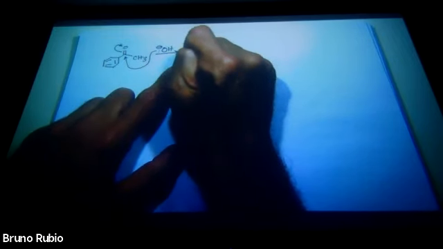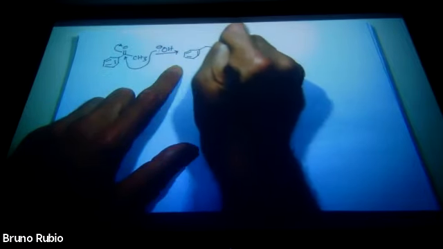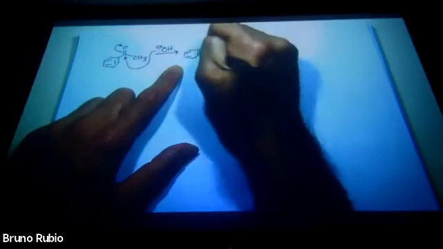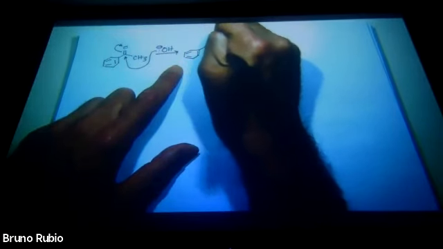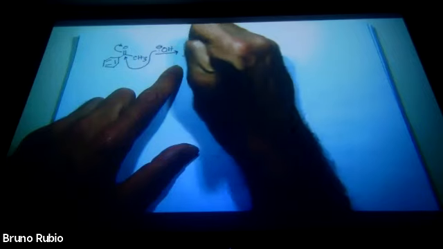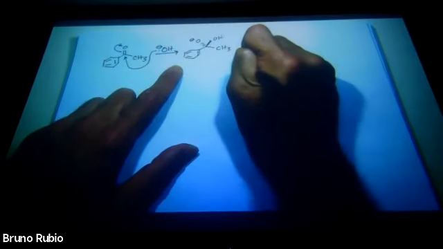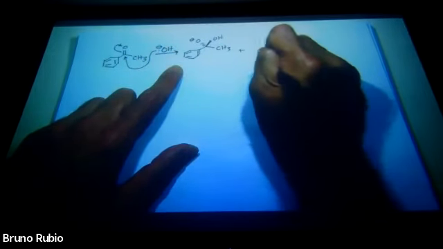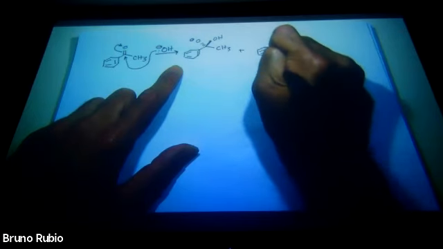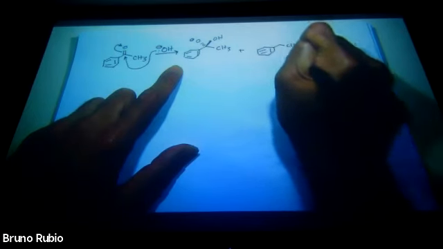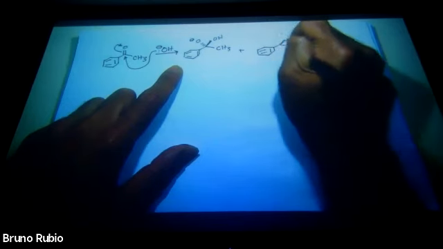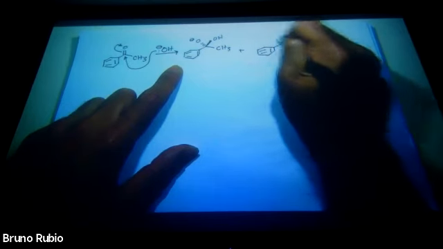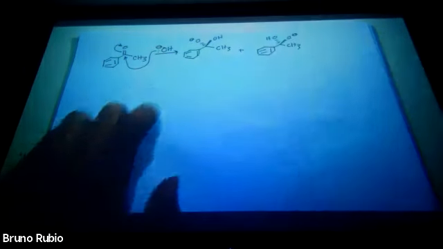And so here we're going to get one product in which the OH minus came in from the front, and we're going to get another product in which the OH minus has come in from the back, to give something like that.